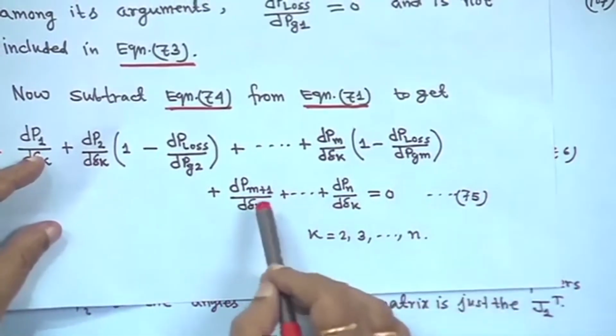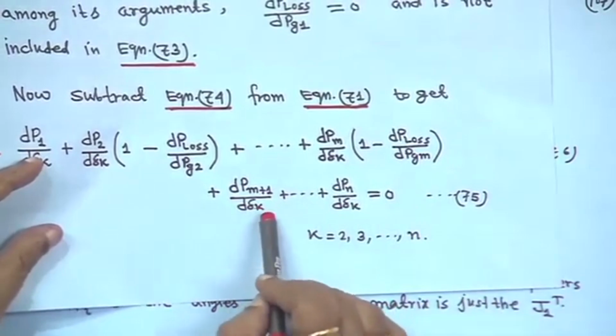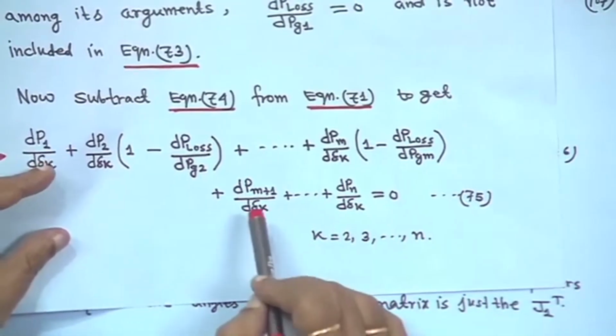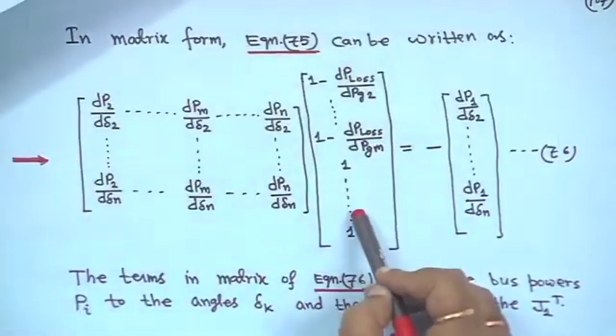After that, all the coefficients attached with dP/dδk in general are 1 only, that is why this is 1, 1, 1, right.